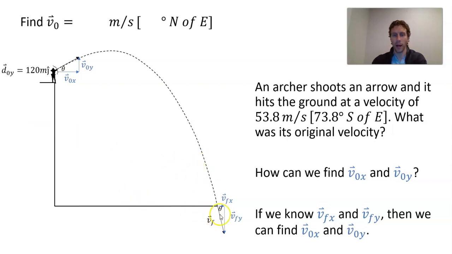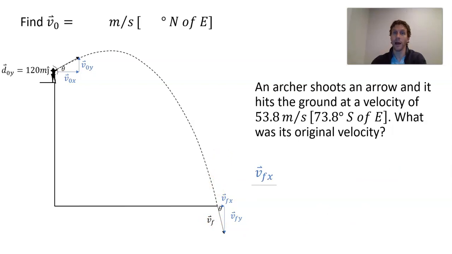Now I could have drawn this final velocity up here. That's fine. Again, I'd have v final x and v final y, and the angle would be here. That doesn't matter, but what is important is that we draw a triangle like that. How do we find v final x?